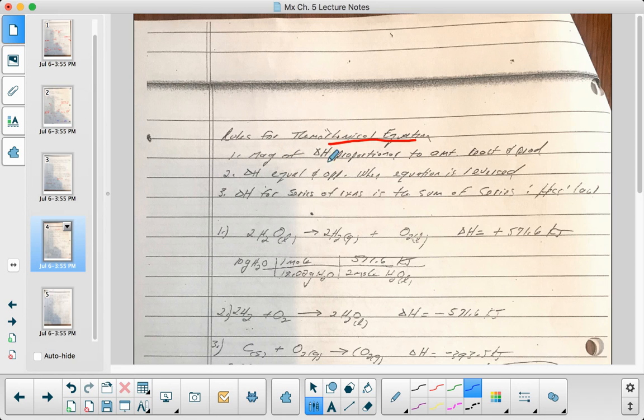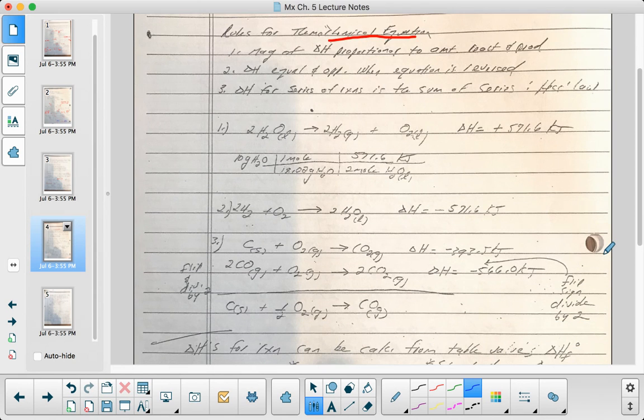The magnitude of delta H is proportional to the amount of reactant and product. Number two, delta H is equal and opposite when the equation is reversed. And the delta H for a series of reactions is the sum of the series. Hess's law. That's the second lab for this week, which is a really nice illustration of it.